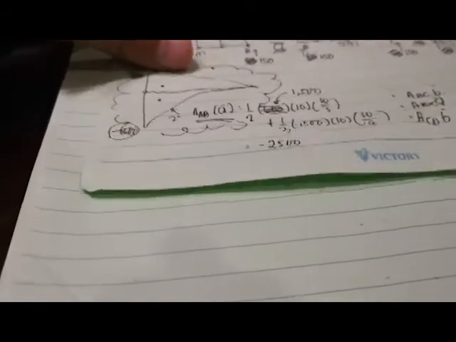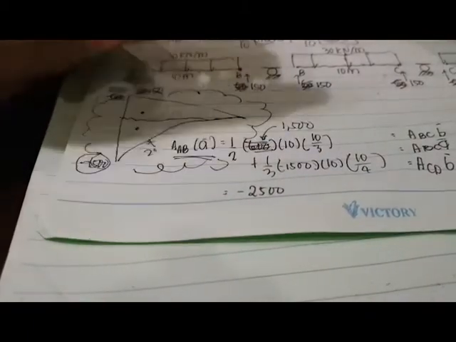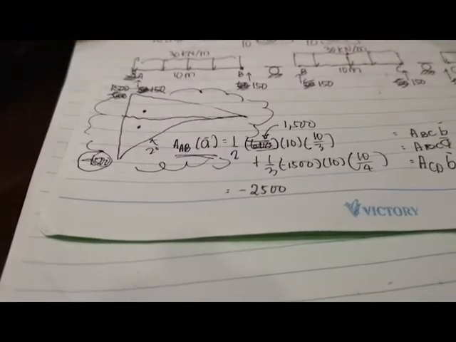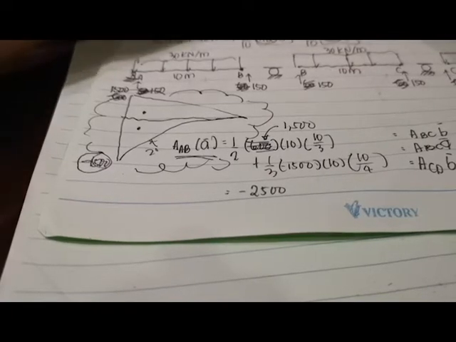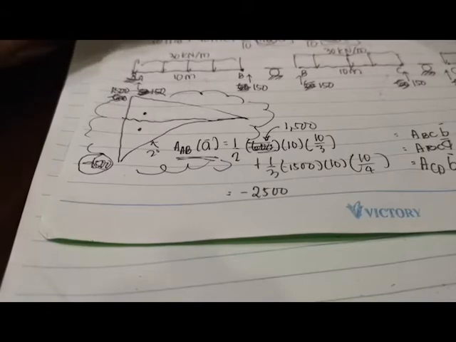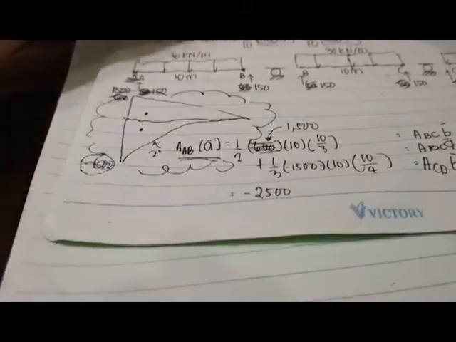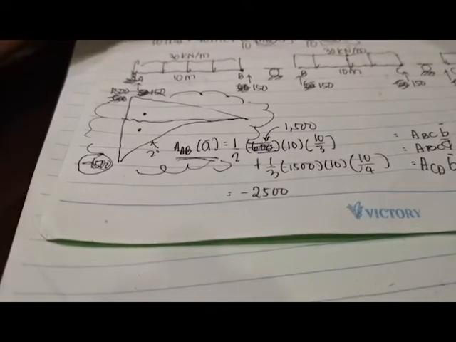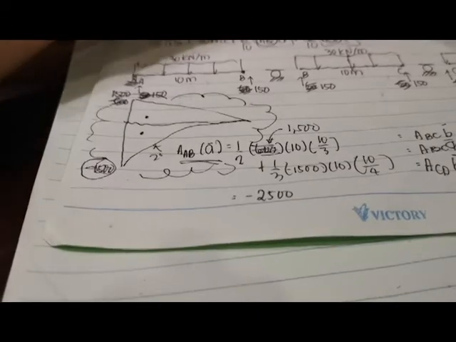Okay, so therefore computing A_AB multiplied by A-bar is equal to 1/2 the area of the triangle: 1/2 times 1,500 times 10 times 10 over 3, minus 1/3, since this is a second degree curve, times 1,500 times 10 times 10 over 4.